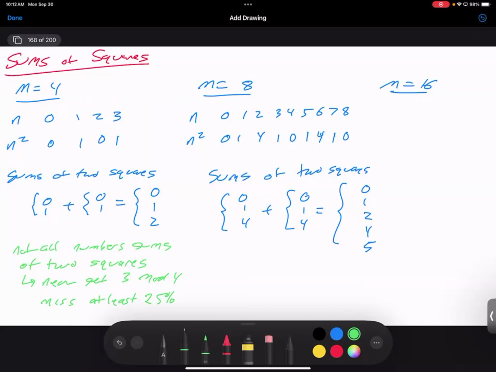So what can you deduce? Not all numbers are sums of 2 squares. We miss 3, 6, and 7 mod 8. So miss at least what percent?